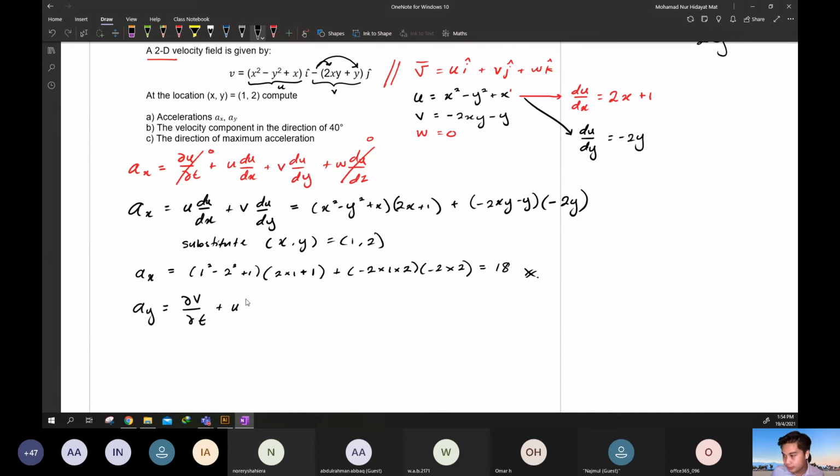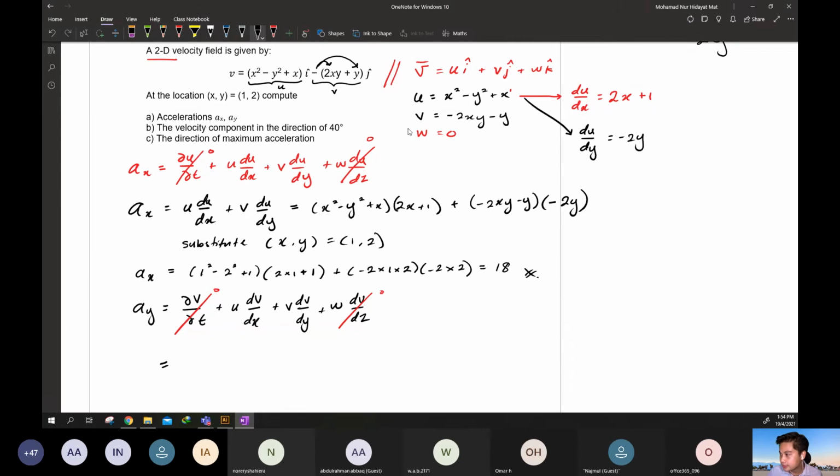This is u, we change only this one: dv over dx plus v dv over dy plus w dv over dz. We know that this is cancelled and this is cancelled. So we need to find the equation for this.